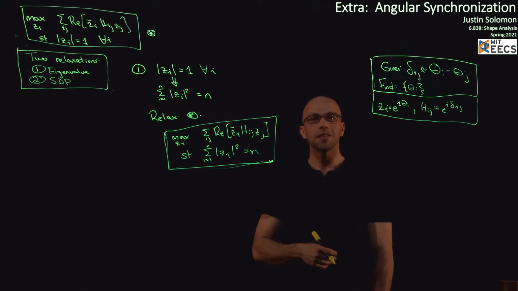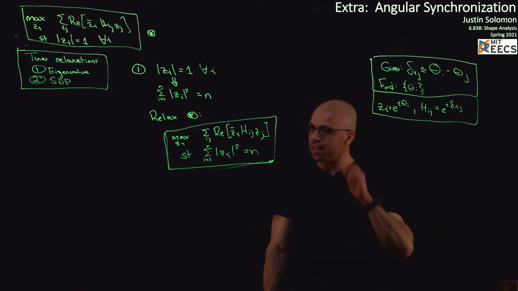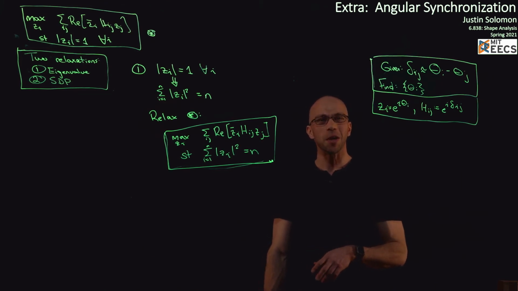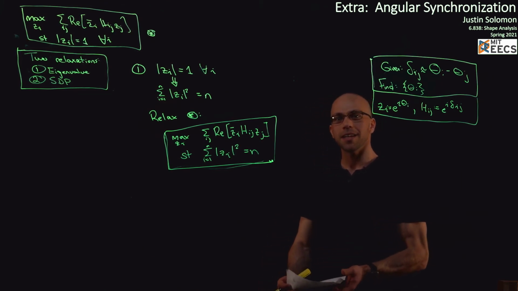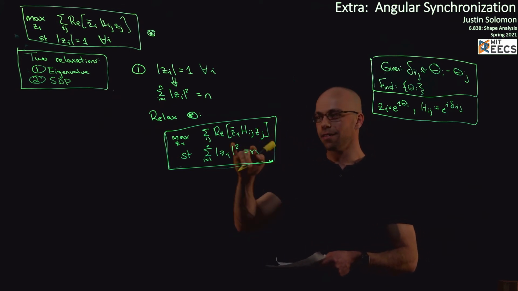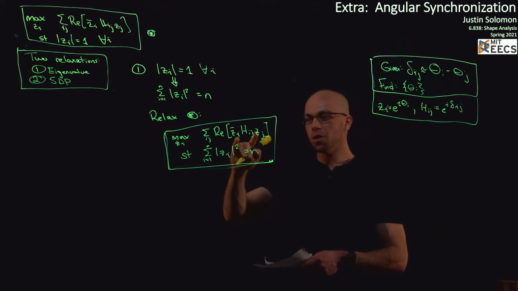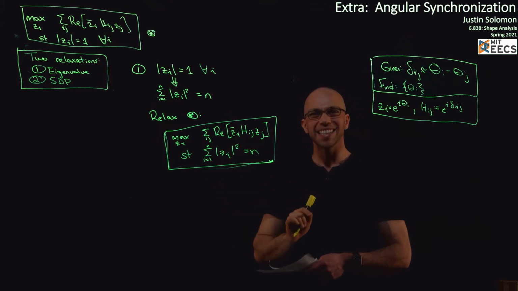But the good news is that, what is this thing? I don't think I'm going to derive it in our lecture, because as usual, I'm already going over time. But just to eyeball a little bit, you have a quadratic objective function, right? You see that your unknowns here, zi and zj, are appearing twice. And you have one quadratic constraint.